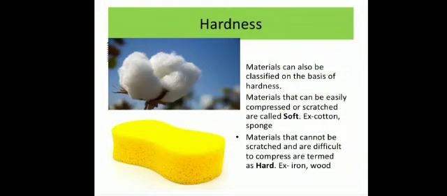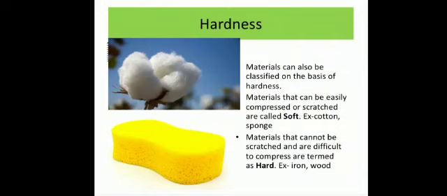Now, if we press a piece of sponge between our hands, we will find that it can be compressed easily into smaller size. And a piece of sponge can also be cut, bent, or stretched easily. So we say that sponge is a soft material. In other words, sponge has the property of softness.